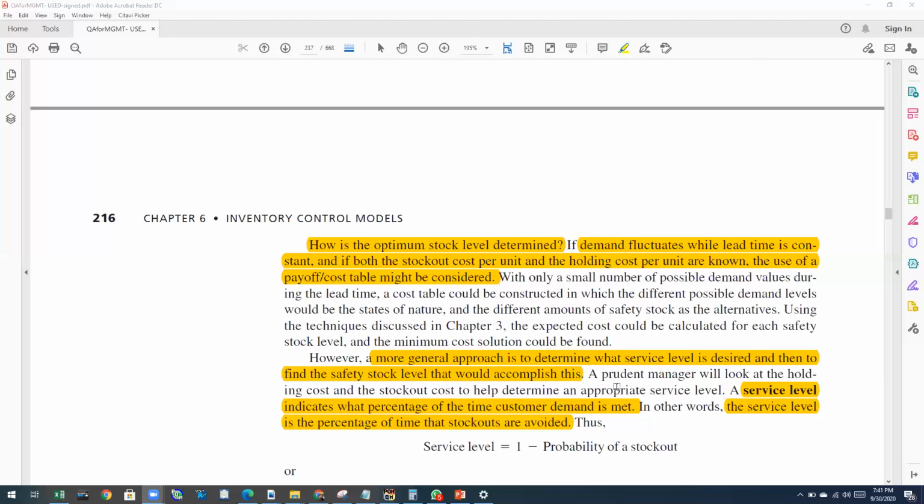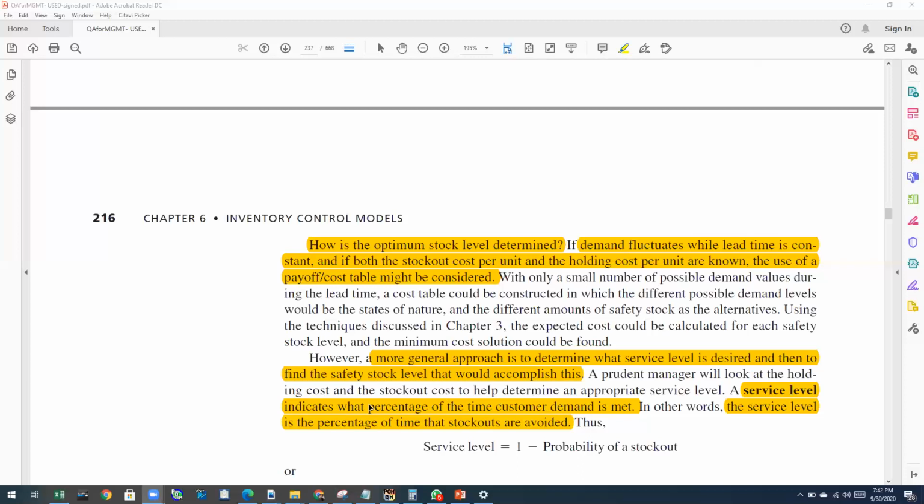A prudent manager will look at the holding cost and the stock out cost to help determine an appropriate service level.